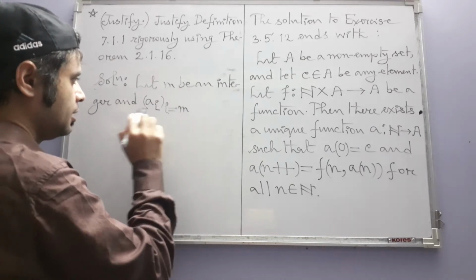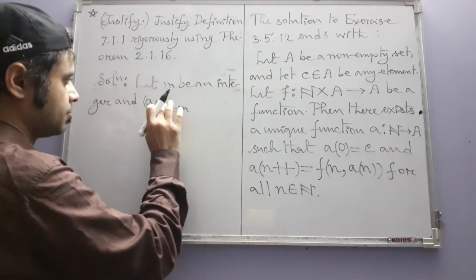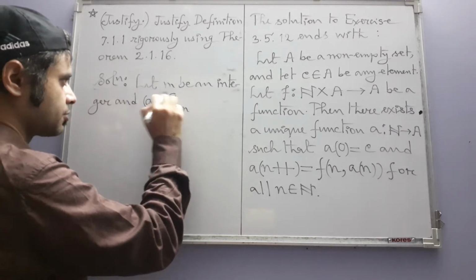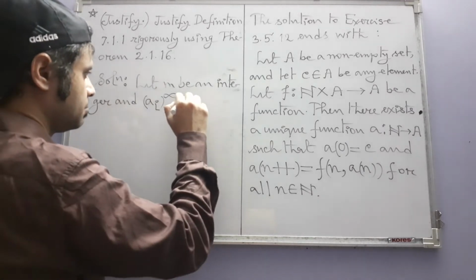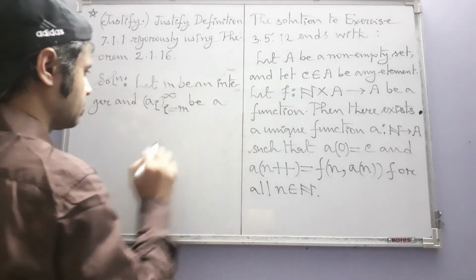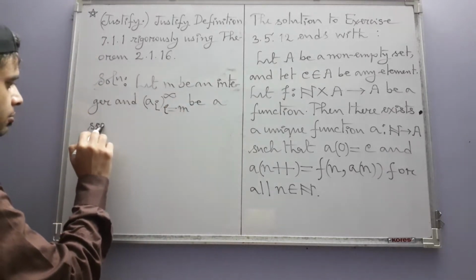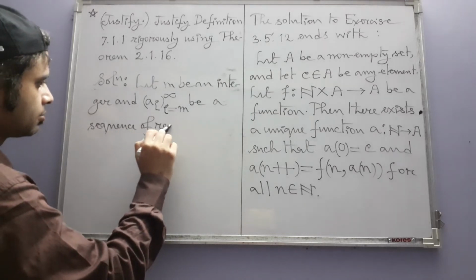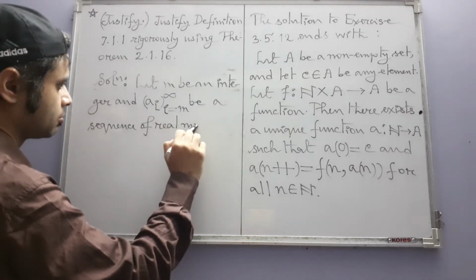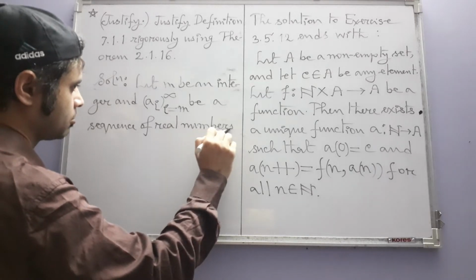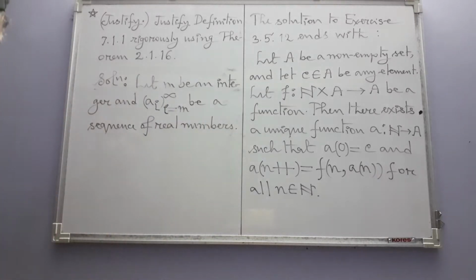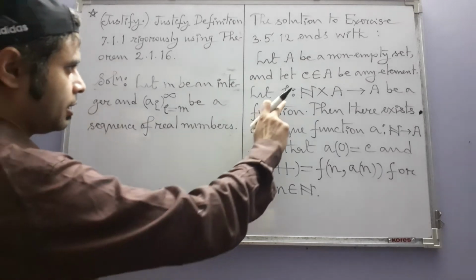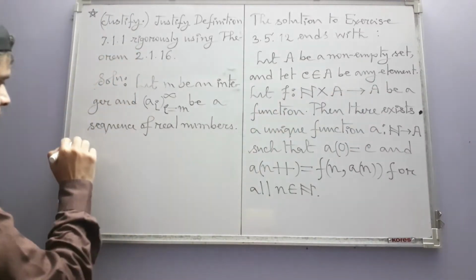So this sequence, index i starts from that integer m, and it of course goes on. Let it be a sequence of real numbers. Now what we are going to do, we are going to define a function like this.